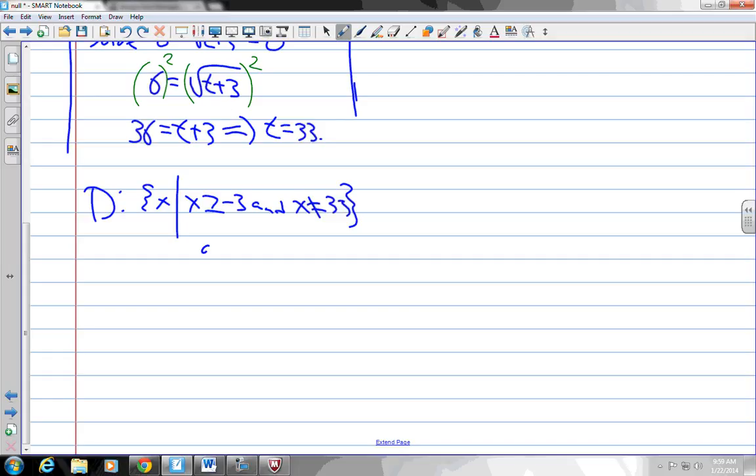Or, in interval notation, it is from negative 3, including negative 3, to 33, not including 33, union from 33 to infinity. Those are two equivalent answers.